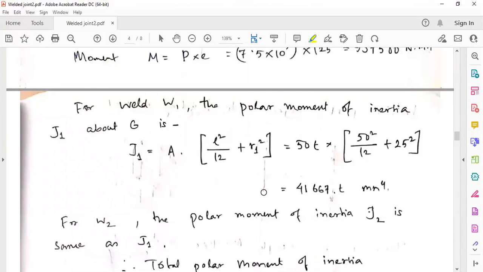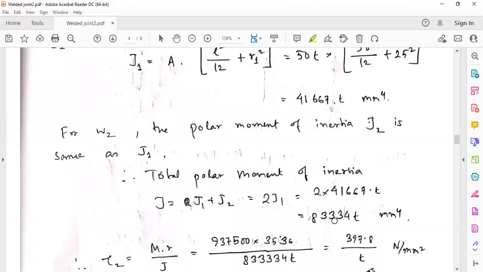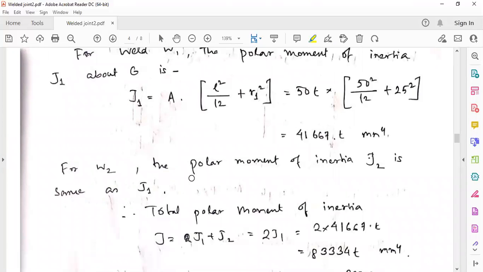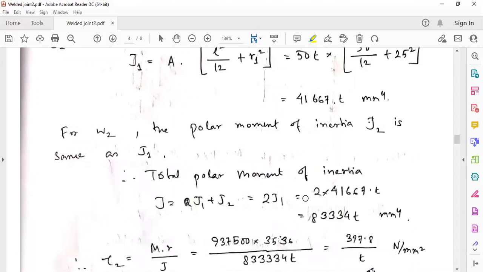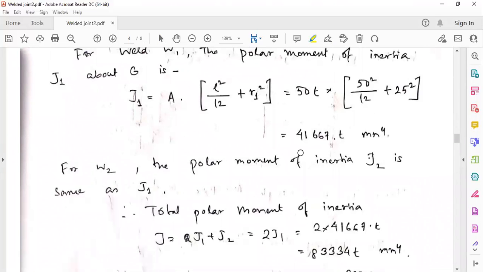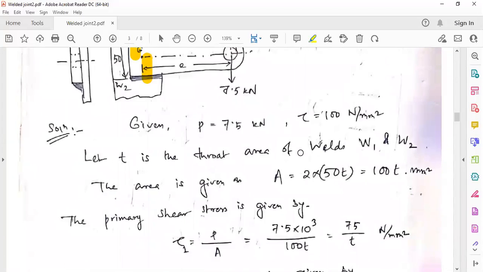So here J1, that is the polar moment of inertia J, is equal to 41,667. So now actually polar moment of inertia about the Z, this one, this part. This is for weld one.